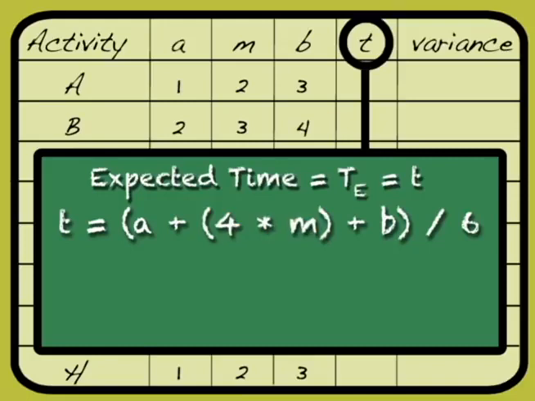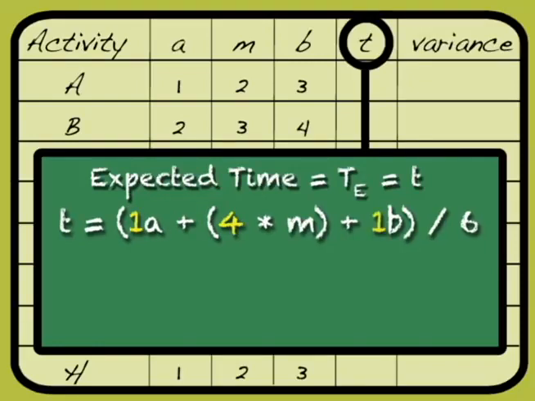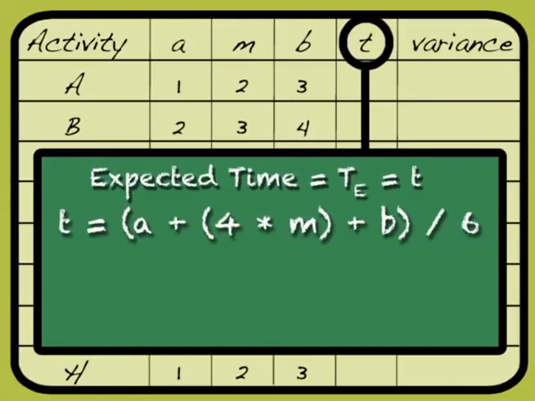You'll see that the pessimistic time only has a weight of 1, as does the optimistic time. So we're going to add all of those up, and then we're going to divide by 6. Why 6? Because we have 6 weights. Remember that we have an unseen 1 here and an unseen 1 here. So 1 plus 4 plus 1, 6. It's always going to be 6. That's constant. It will never change.